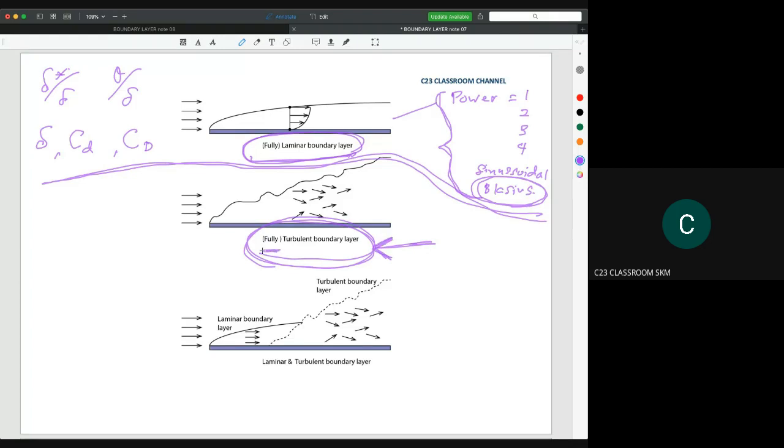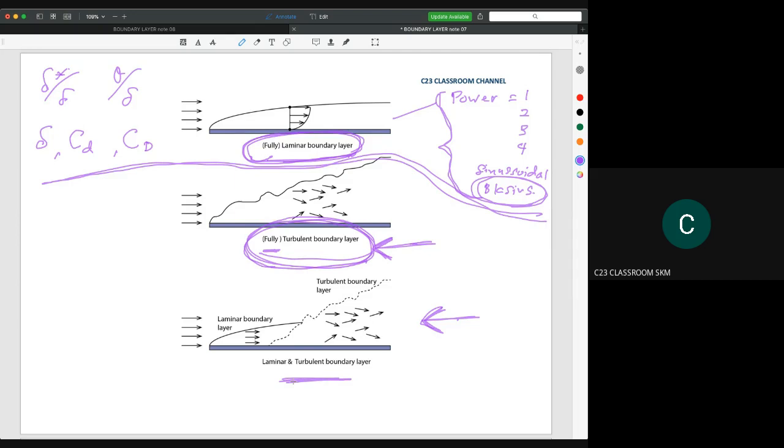Last week our lecture focused on the fully laminar boundary layer, so we assumed that all the boundary layer is in the laminar condition. Now we will try to solve a boundary layer which is 100% or fully turbulent. Later on, we try to solve the third condition where they are mixing.